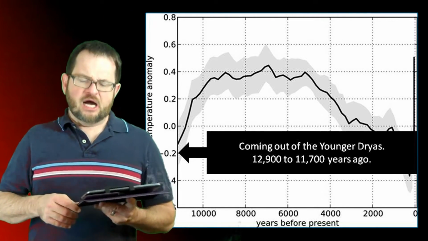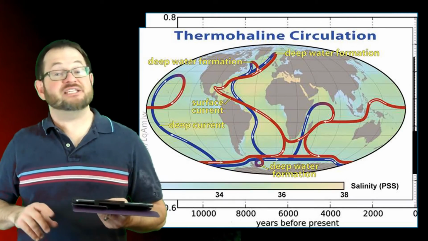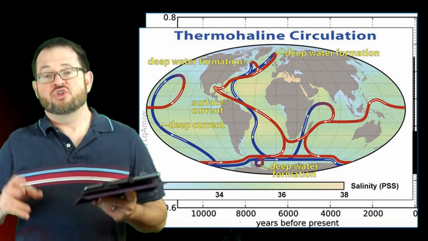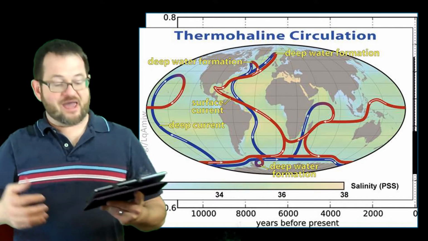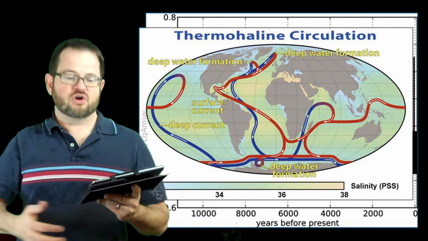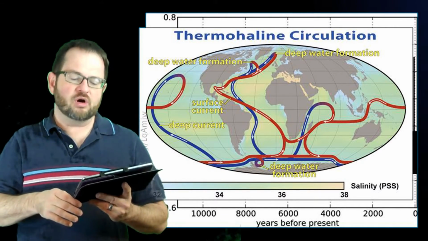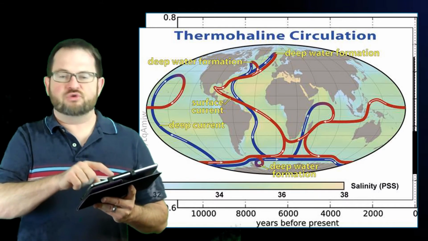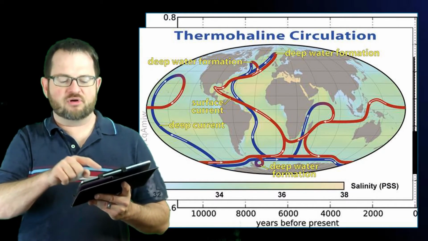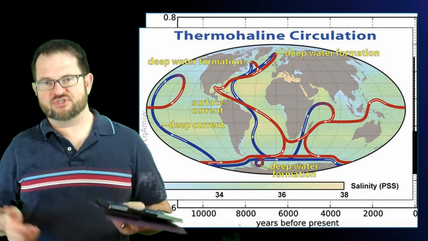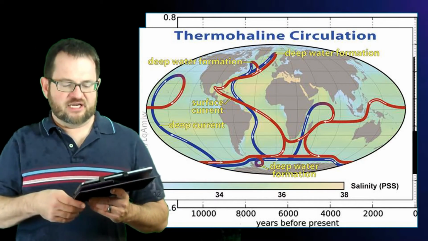That particular climate change has been tracked down to a breakdown of the so-called Thermohaline Circulation. The world's oceans have an overall pattern to their currents that redistribute heat and salinity all around the world. In particular, the Gulf Stream, that warm current at the surface that goes up the east coast of the United States, broke down for a few hundred years anyway.